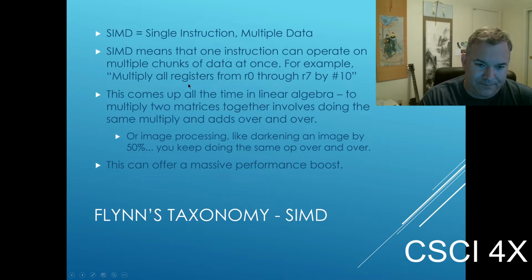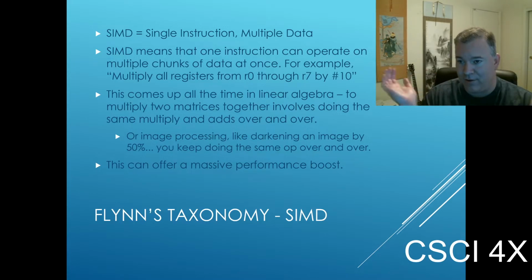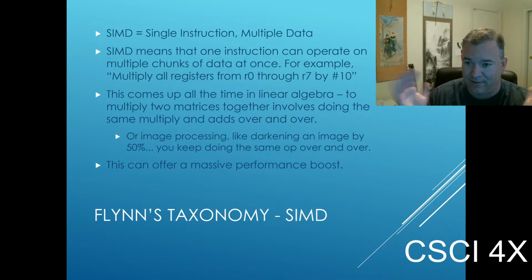Okay, so SIMD, for example, this is not exactly how it works, but think about it. If you could give a single command that said, multiply all of the registers from 0 to 7 by 10, right? So take all the values from R0 to R7 and increase all their values by 10. That would be SIMD.